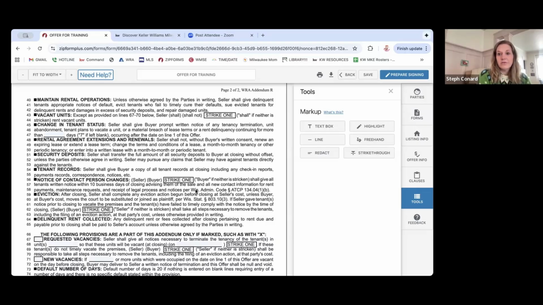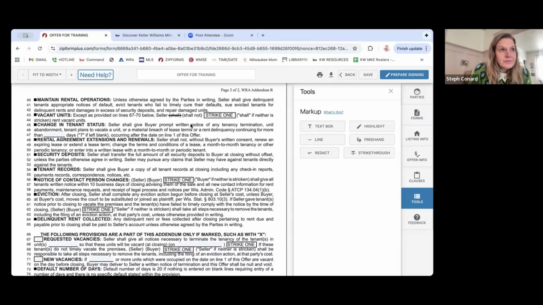If there's a vacant unit, that buyer might say you're not going to rent out this vacant unit at any time prior to closing. So we'd want to make sure that's stricken to reflect that.